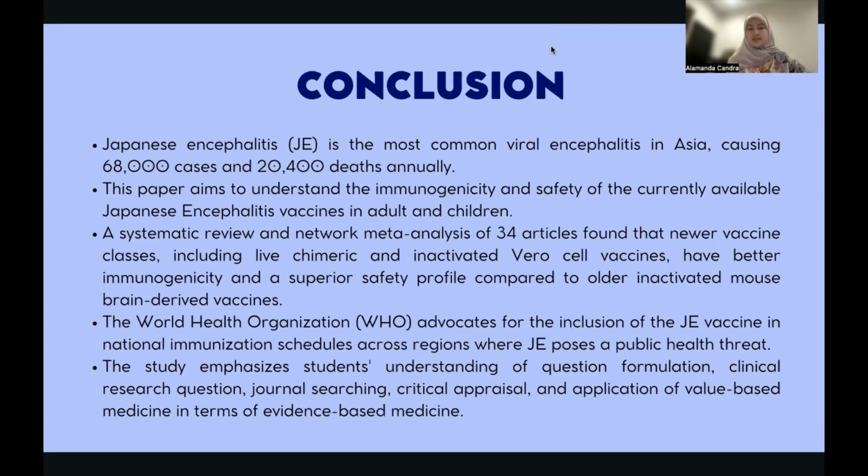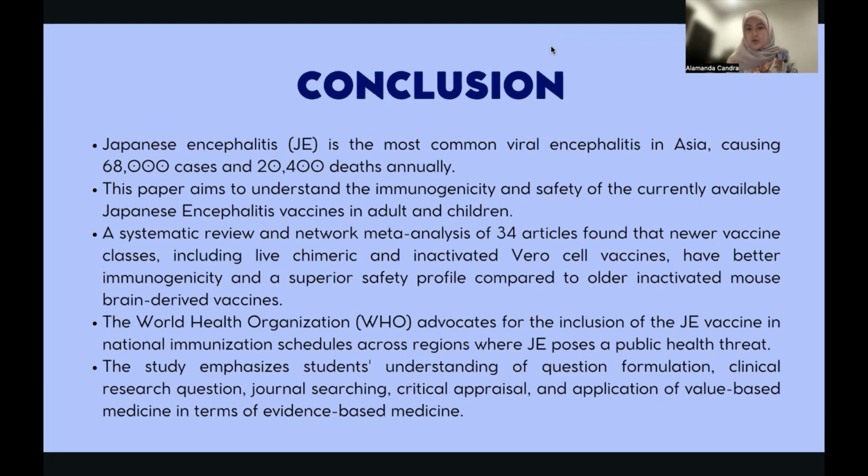Japanese encephalitis is the most common viral encephalitis in Asia, causing 68,000 cases and 2,400 deaths annually. This paper aims to understand the immunogenicity and safety of the currently available Japanese encephalitis vaccines in adults and children.